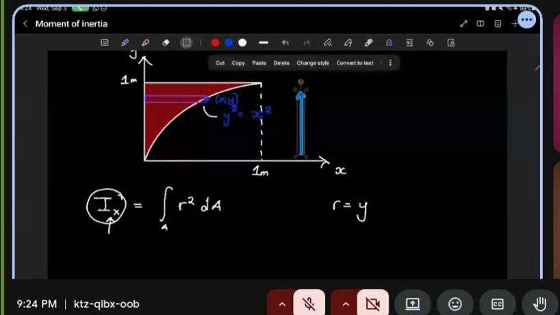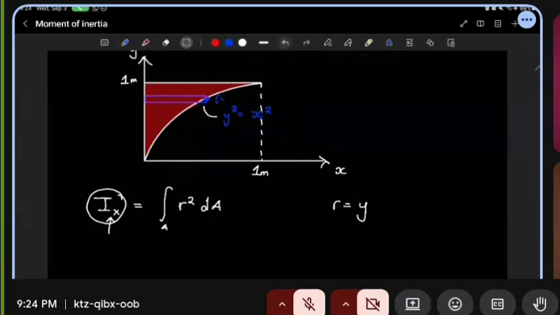If you had gone with a vertical section when getting the moment of inertia about the x-axis, you'd be forced to use the parallel axis theorem. Why? Because if you picked a vertical section, even if you say it is a thin section, some points will be further away from the x-axis, some will be nearer.